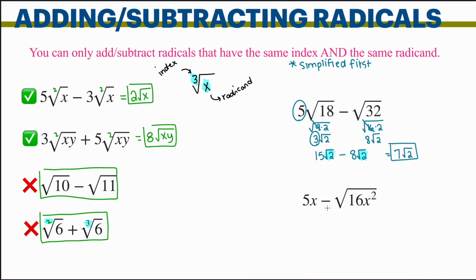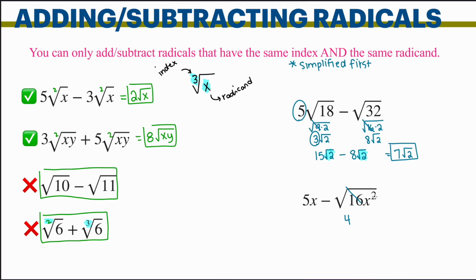In this next one, you would also say at the beginning, it doesn't look like you can add or subtract these. However, again, do not forget, you have to simplify first. So in this second one, you can simplify this in 2 ways. The square root of 16 is the number 4, not the square root of 4, please be careful, it's just the number 4.